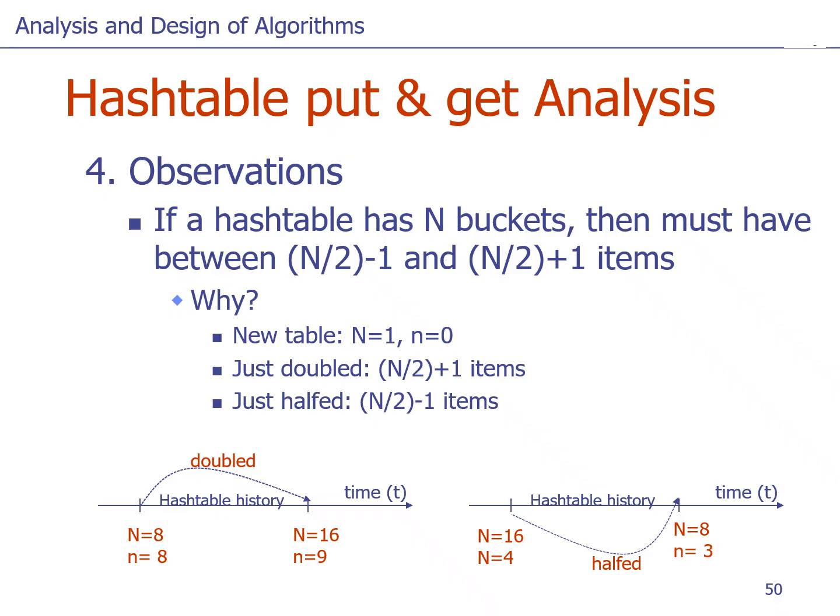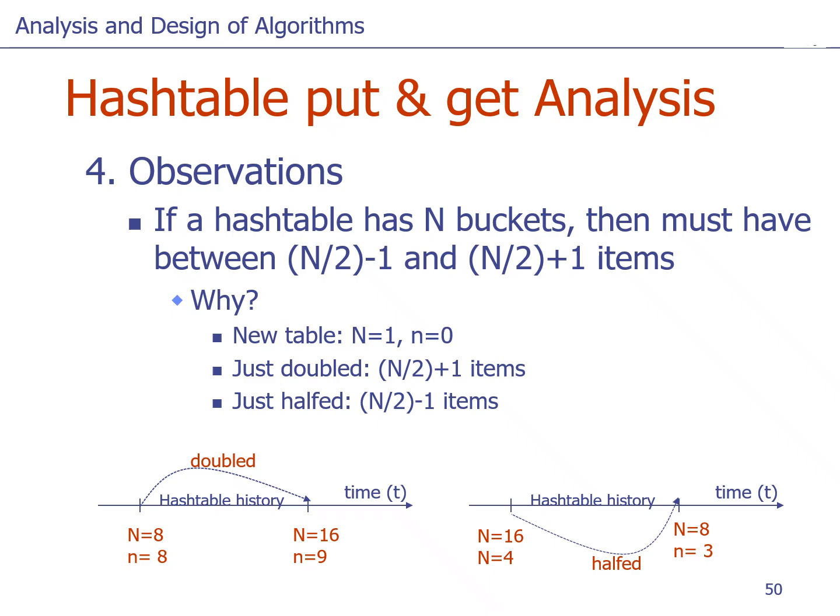If my big N was 8, I had 8 buckets and 8 entries. So my load factor is 1, because the load factor is small n divided by big N. If I'm asked to insert a new key into the table, I cannot insert it right away because I'm already at the maximum threshold, which is 1.